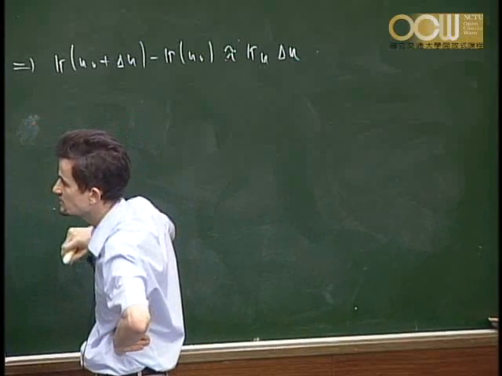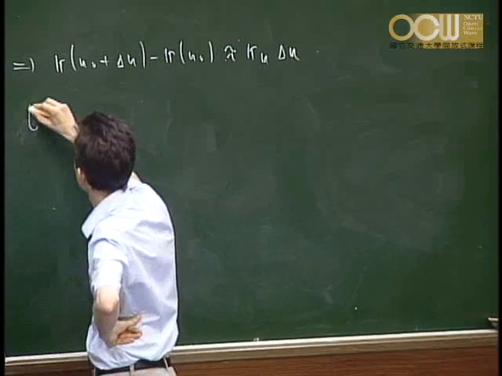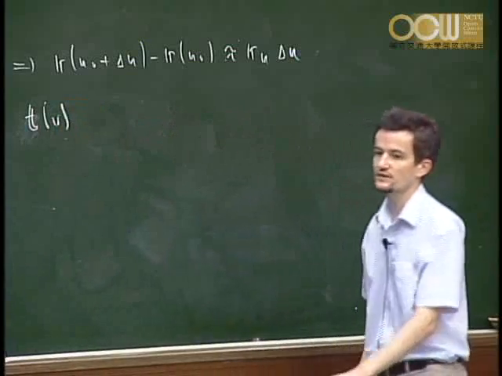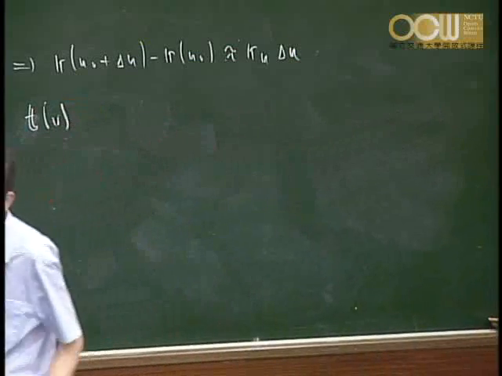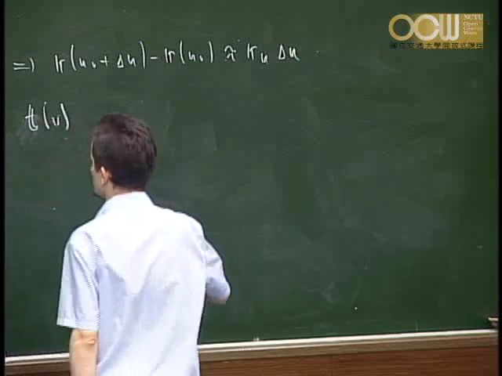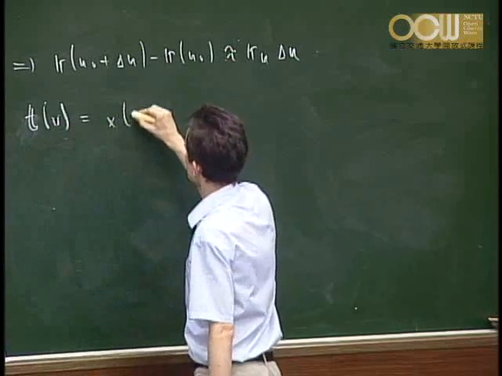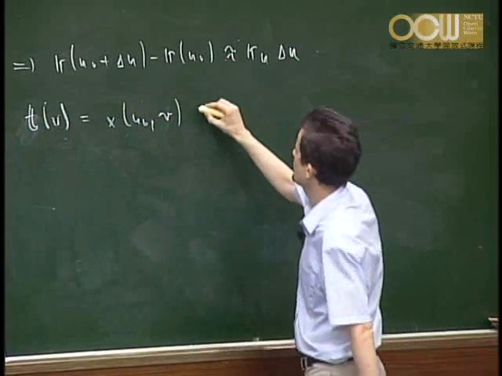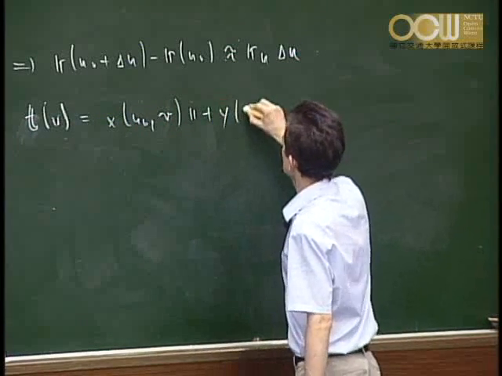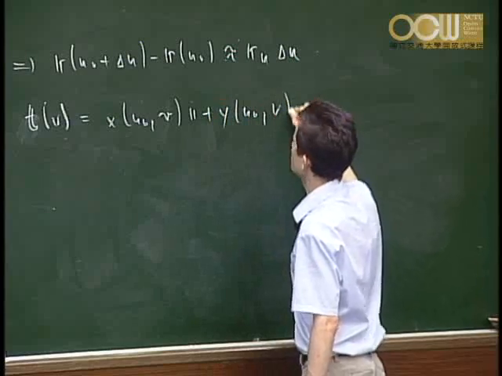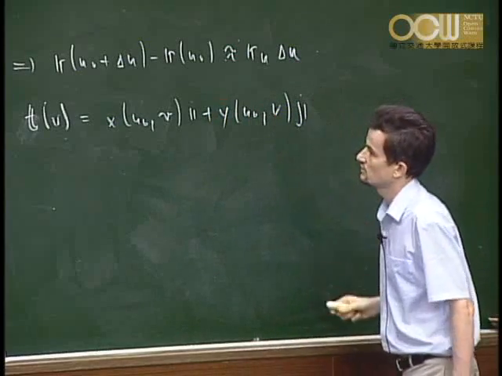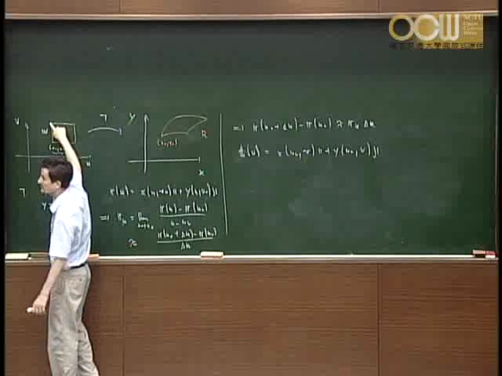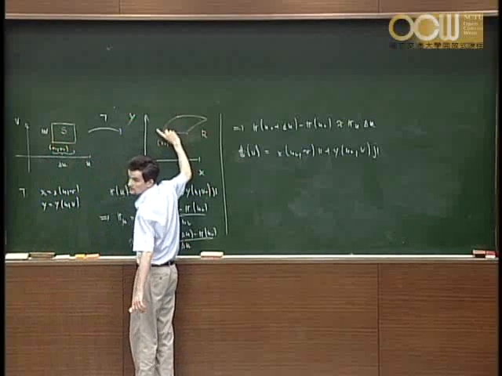U is not a good notation, so let's say T. If we introduce another vector function similar to this one, but we fix U, then we have X of U0, V. Now V is the variable, U is fixed: I plus Y of U0, V J. So now I'm walking upwards, and what I get here is this one.